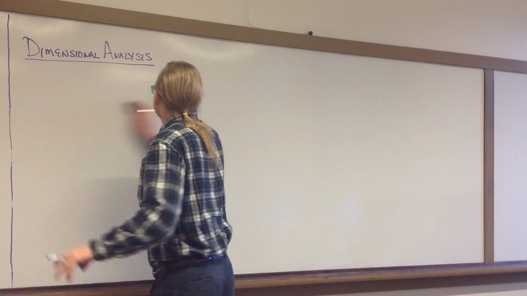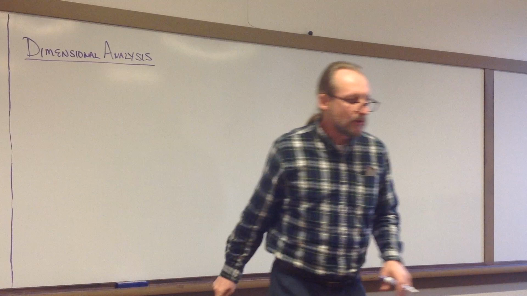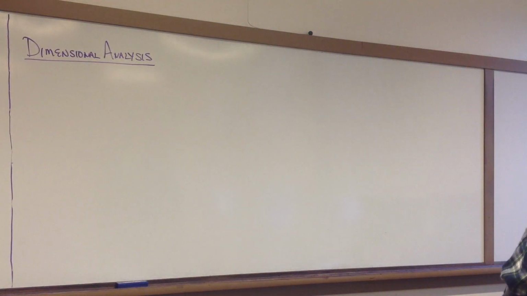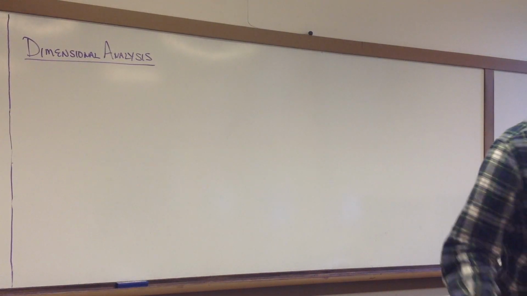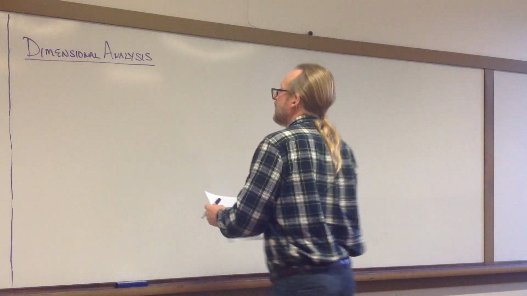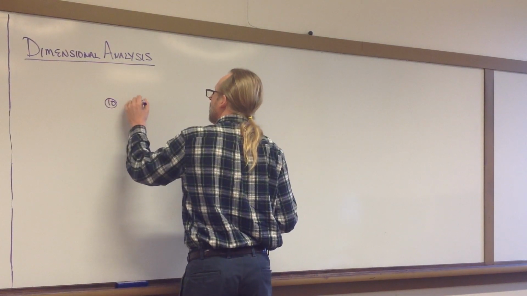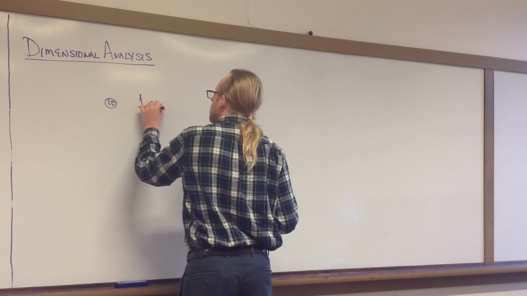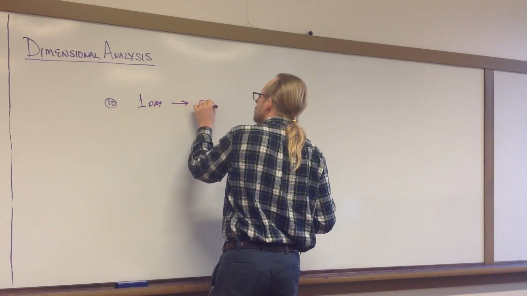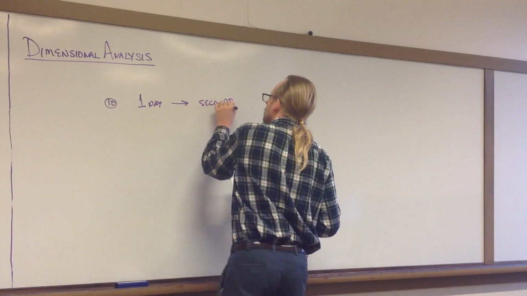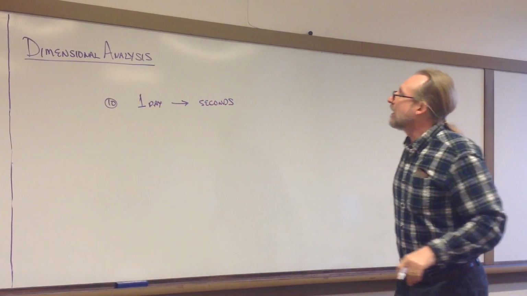All right, let's keep going with these. Let's go ahead and do problem 10. How many seconds? Convert 1 day into seconds. And this is really just a process of multiplying, right?